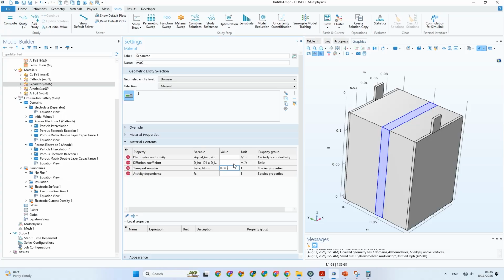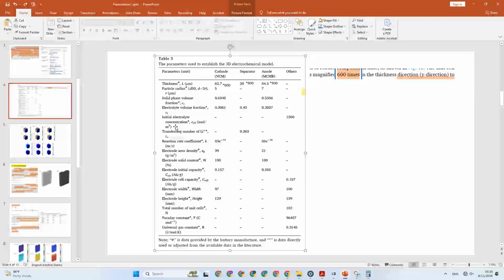Okay, electrolyte conductivity. I don't know. Electrolyte capacity, ampere hour divided by g. I don't understand what g means here. It means gram. It's so weird. I don't know, really. I add this transferring number, reaction rate. It was added before. Electrode area density. Oh, it is density.